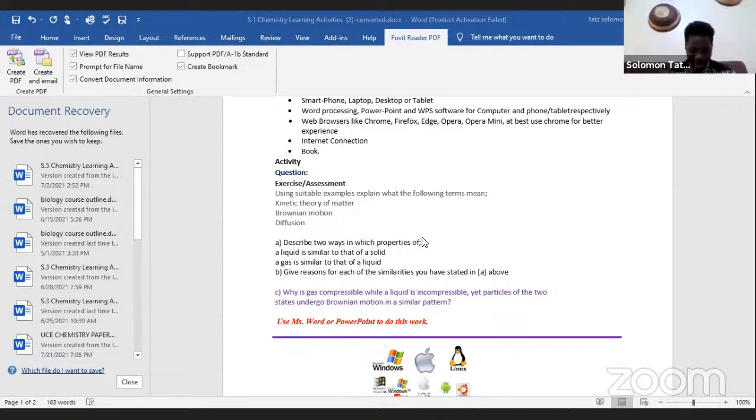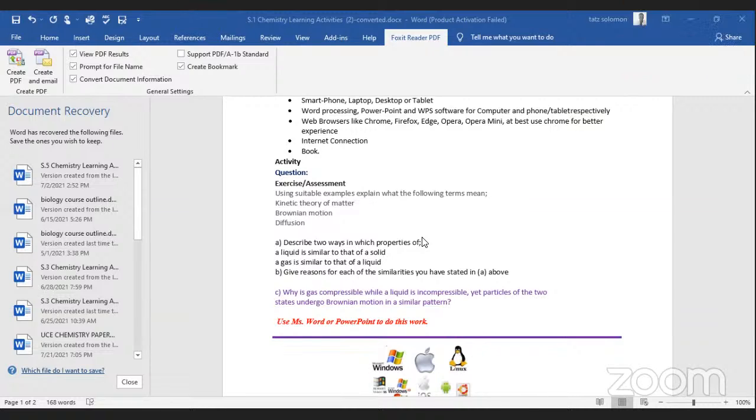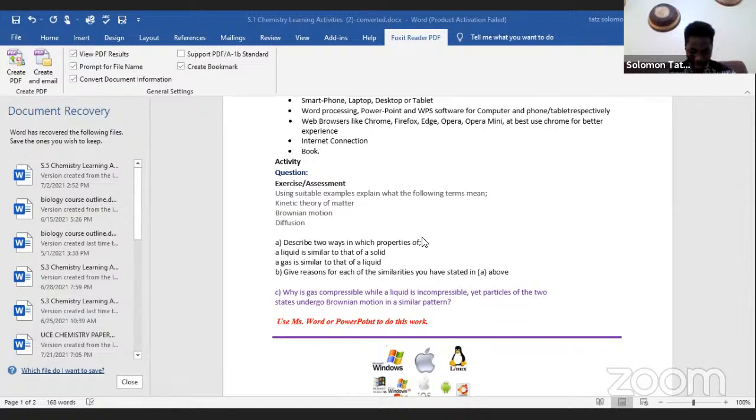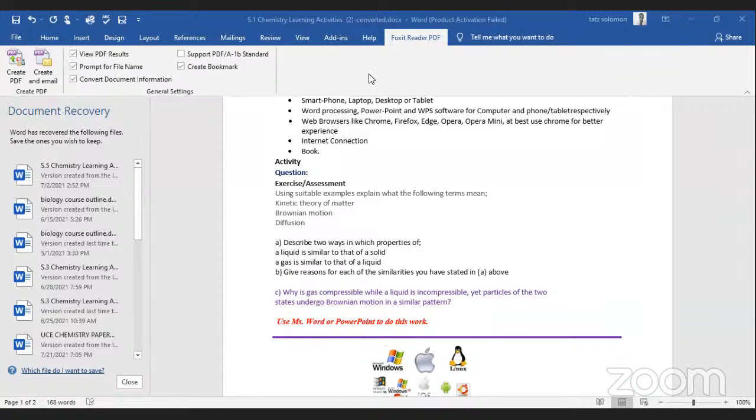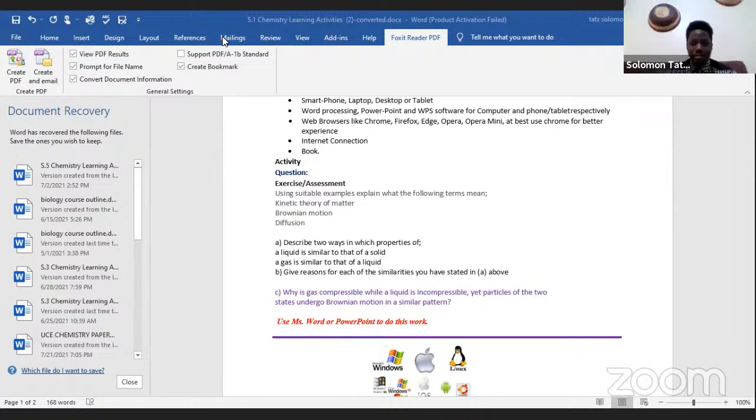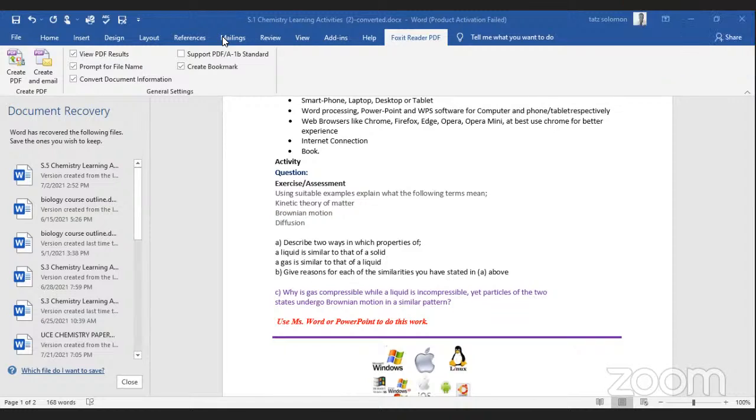Kyle, unmute and speak. No, I cannot. Okay. What's your email? Type your email in the chat box. Laura, you can access the WhatsApp group, right? And Esther? Yes. Okay, so you'll find the activity in the WhatsApp group. Let me get Kyle's email and then I'll send that one there.